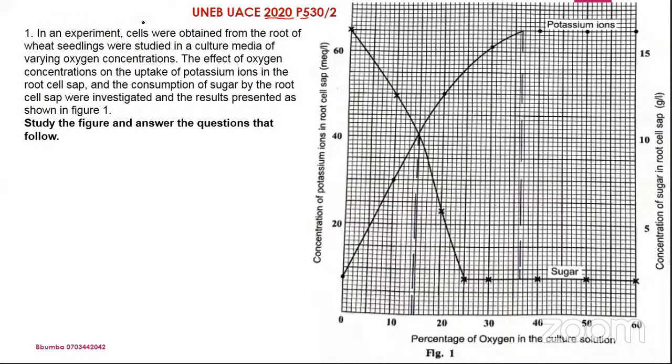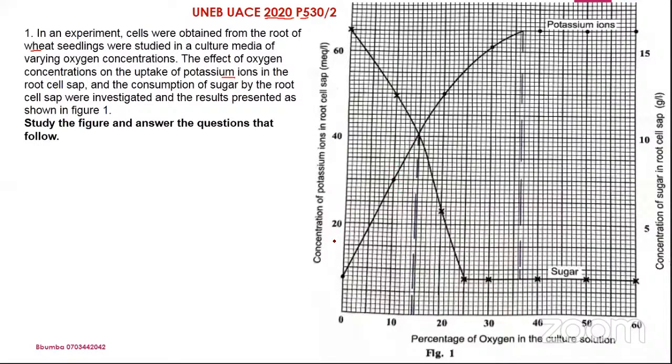So in an experiment, cells obtained from the root of wheat seedlings were studied in a culture media of varying oxygen concentration. The effect of oxygen concentrations on the uptake of potassium ions in the root cell sap and the consumption of sugar by the root cell sap were investigated, and the results presented as shown in this figure.